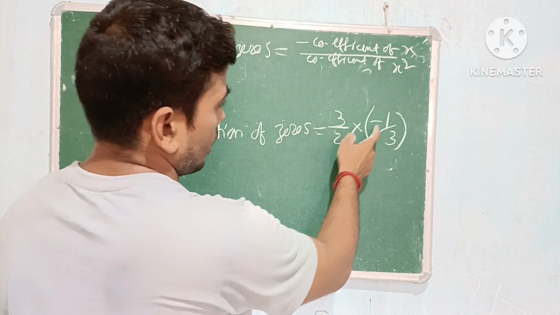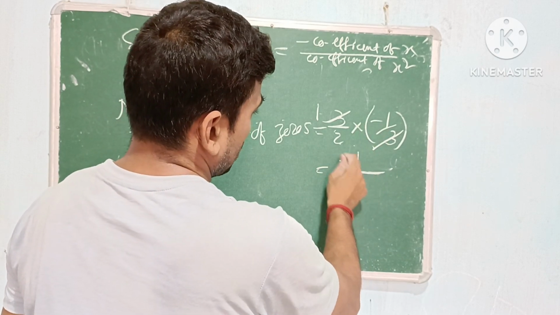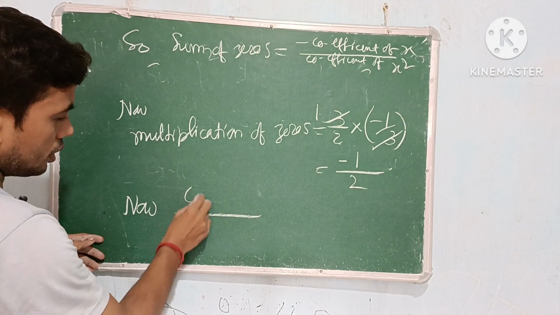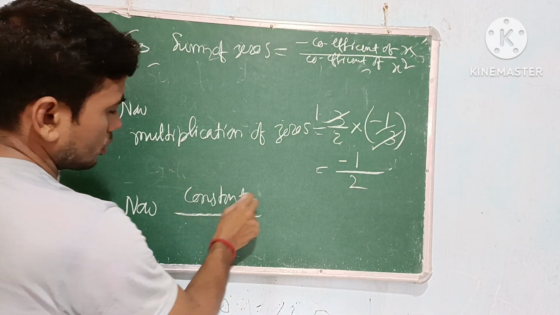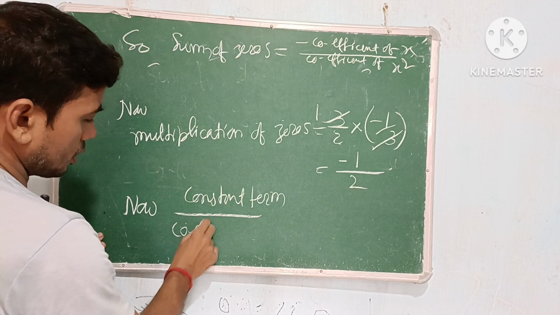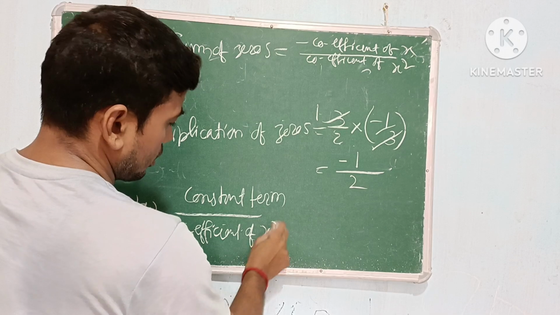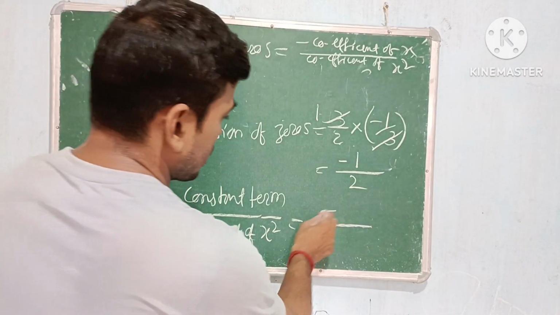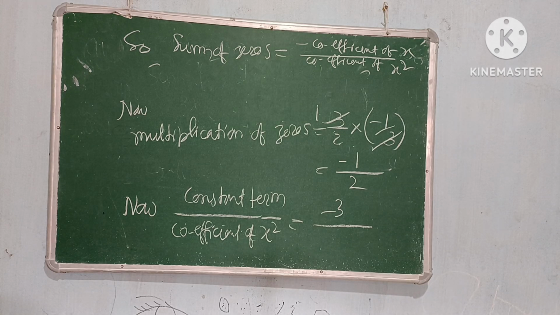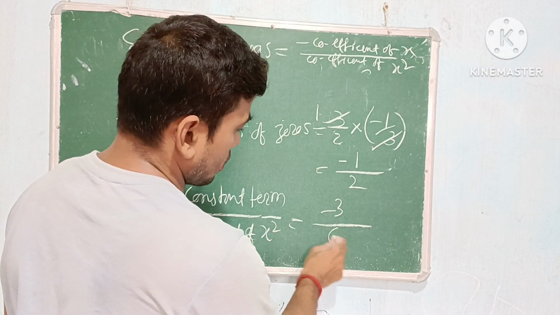So 3 by 2 into minus 1 by 3: 3 ones are 3, so we get 1 into 1 by 2, that is minus 1 by 2. Now constant term by coefficient of x square. The constant term is minus 3 and the coefficient of x square is 6.